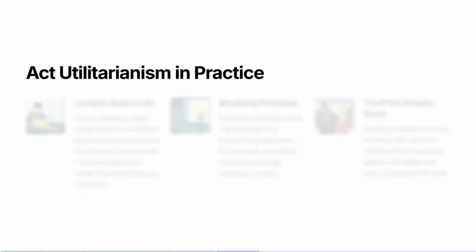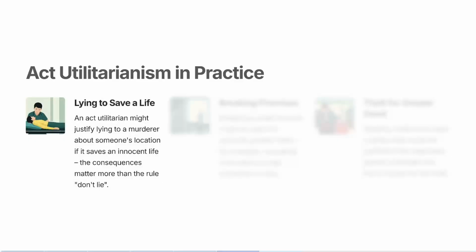Let's take a look at some act utilitarianism in practice. Imagine a situation where telling a lie could prevent a serious harm and save a life. Someone's perhaps hiding from a violent attacker. You're asked, where are they? A strict moral rule would say that lying is always wrong.